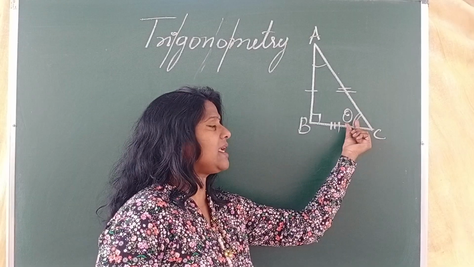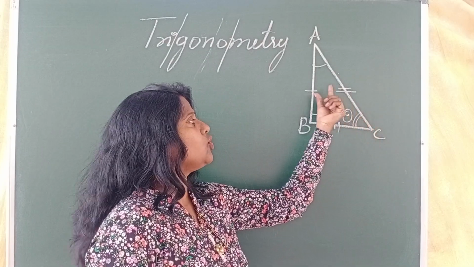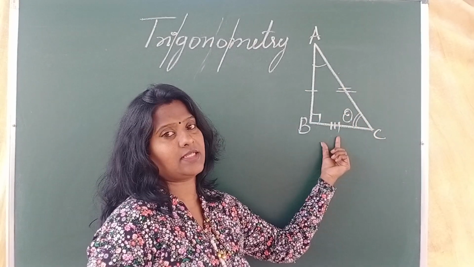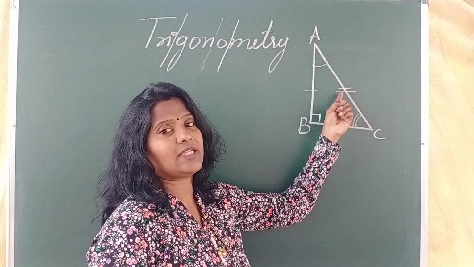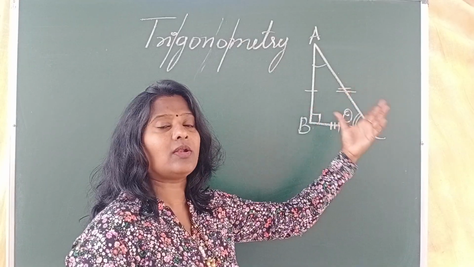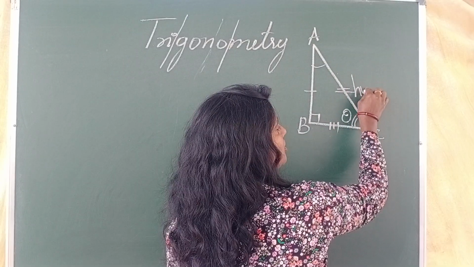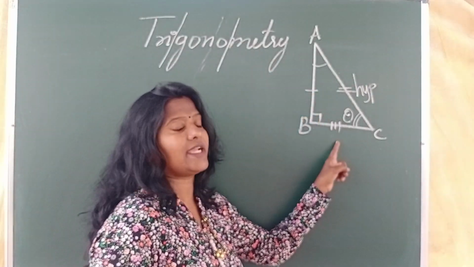Based on this angle, you have to name these sides. Already you know that in a right angle triangle, the hypotenuse is opposite to 90 degrees. AC is the side that is already named as hypotenuse. It is fixed. The remaining two sides we have to name.